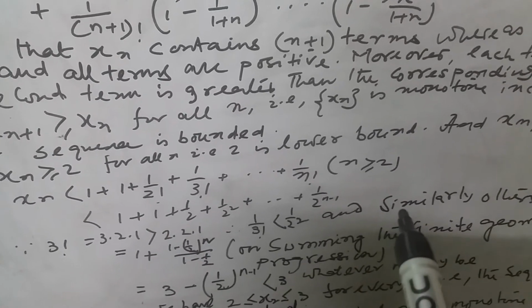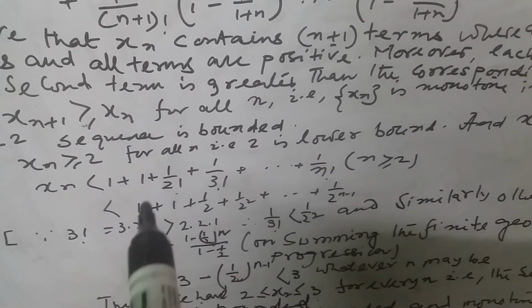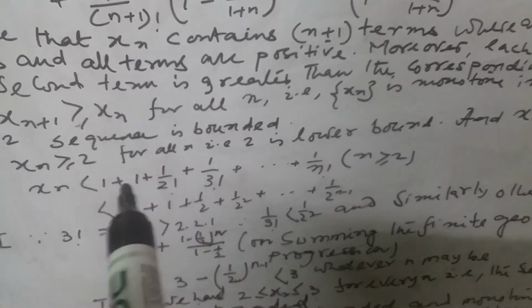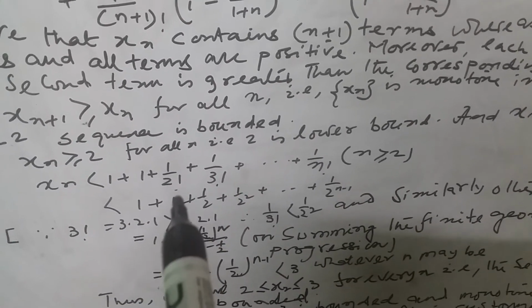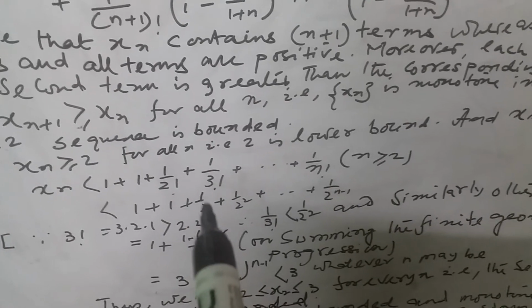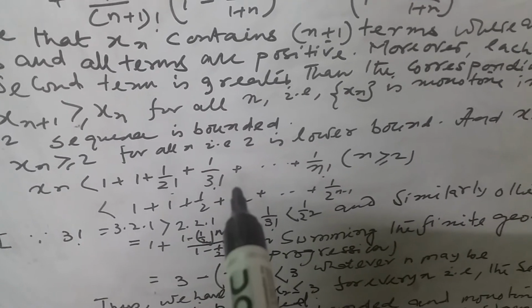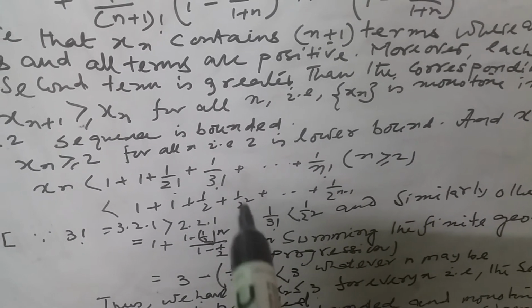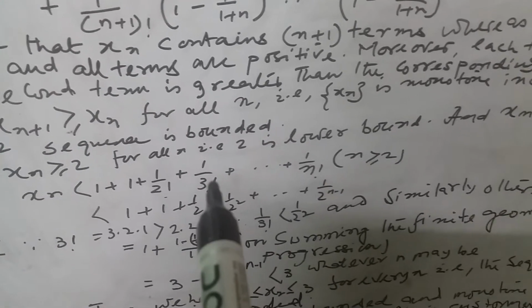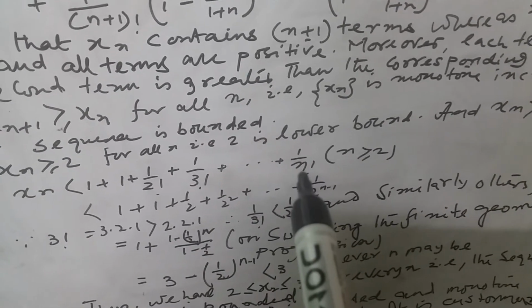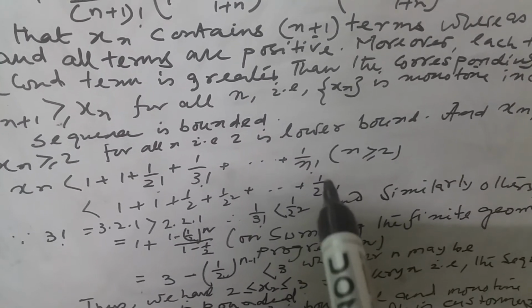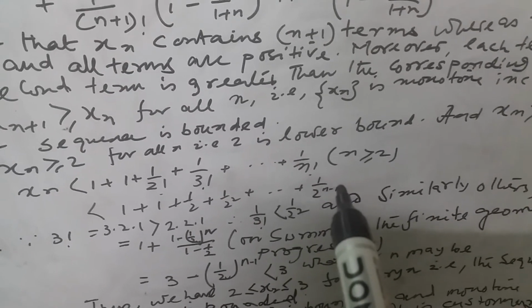In this way, similarly for the others, this is also less than 1 plus 1 plus 1 by 2 plus 1 by 2 square, because 1 by 2 square is greater than 1 by factorial 3. In this way 1 by factorial n is less than 1 by 2 to the power n minus 1.